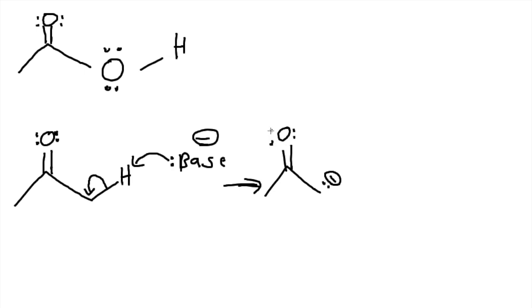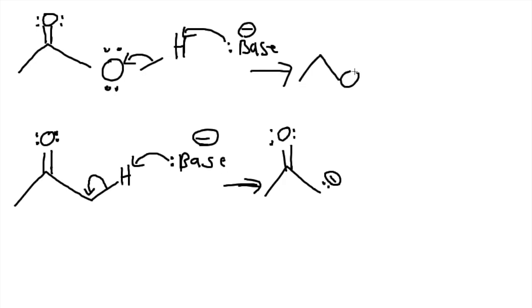Same thing on the top. This lone pair goes on top of this hydrogen, and this hydrogen's electrons go to this oxygen to form three lone pairs, and two lone pairs on the oxygen.